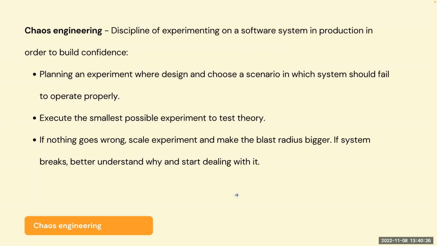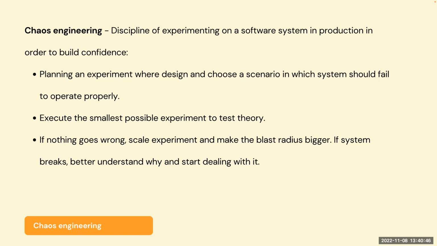So now let's briefly mention chaos engineering. Chaos engineering is, in a way, experimentation on how robust your application or infrastructure is. Usually there are 3 steps.